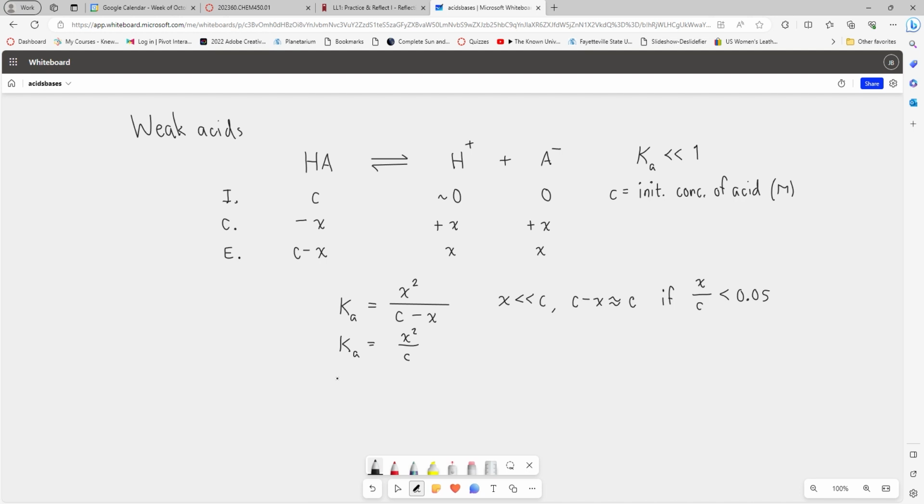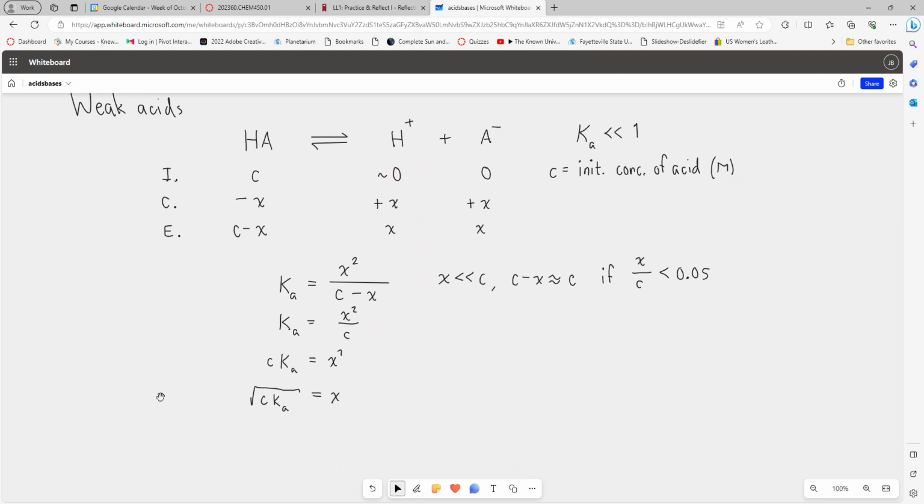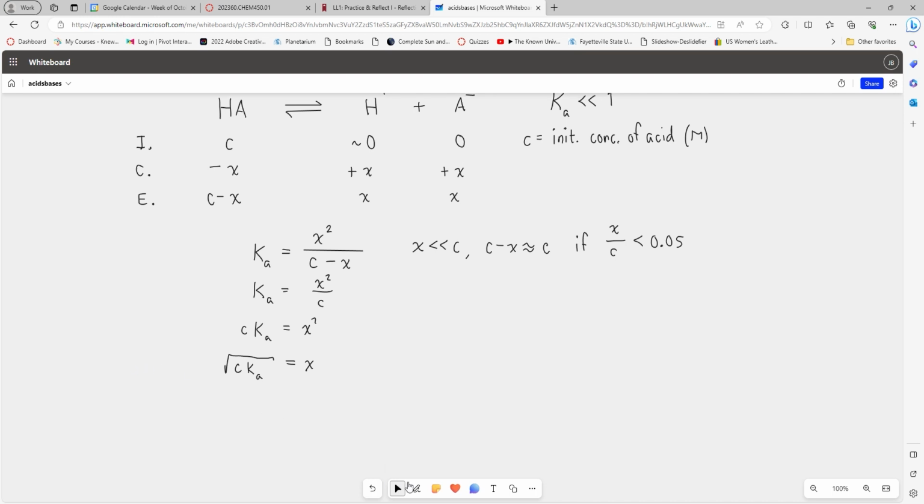By removing the minus X in the denominator, it's no longer quadratic. Cross multiply to get X squared, and then take the square root. So the square root of the concentration times Ka is going to be X. And X is the concentration of H+. That's the important thing. So once we have the concentration of H+, we use the pH equation that we used earlier to find our pH.